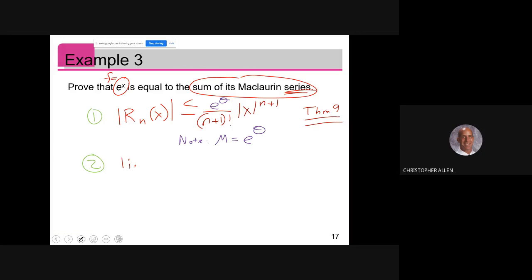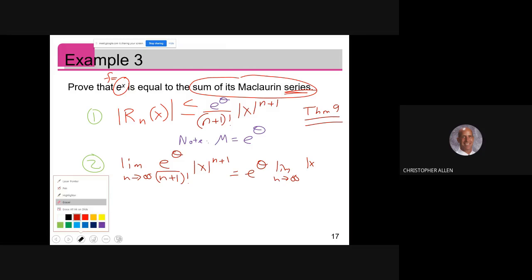I'm going to say that the limit as n goes to infinity of e to the theta over n plus 1 factorial, absolute value of x to the n plus 1, would be equal to e to the theta times the limit as n goes to infinity of the absolute value of x to the n plus 1 over n plus 1 factorial.